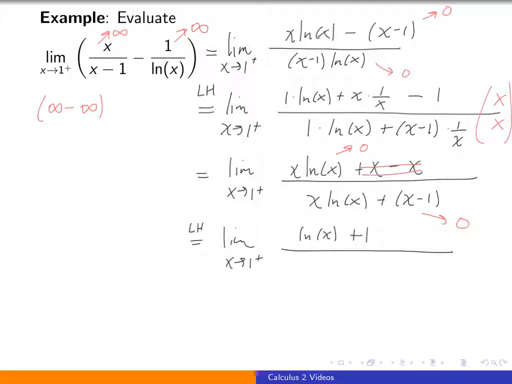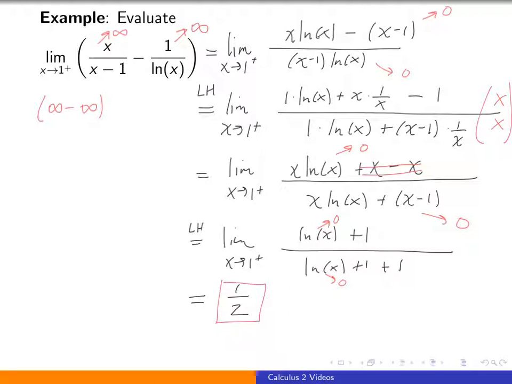And in the bottom, note we are going to be differentiating x natural log of x, so that's also ln of x plus 1, plus the derivative of x minus 1, another 1. As we approach 1 from the right, ln of x is going to 0 in both the top and the bottom, but you have the leftover 1 in the top and 2 in the bottom. So the value of this limit is now 1/2.